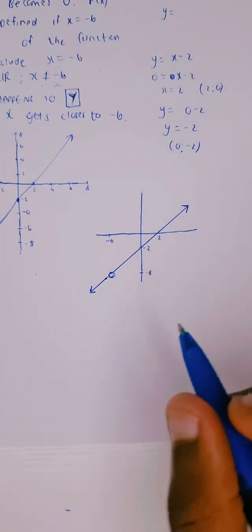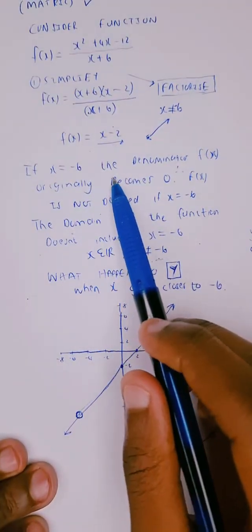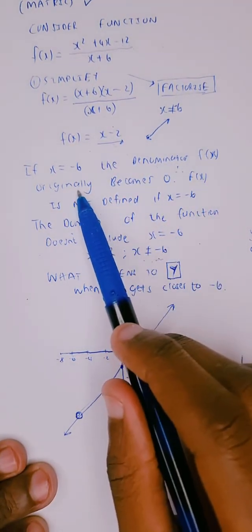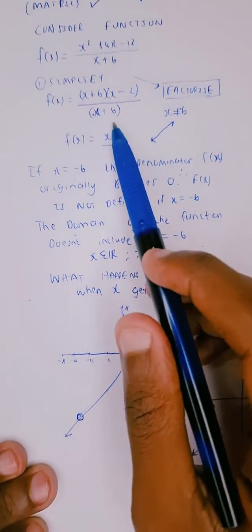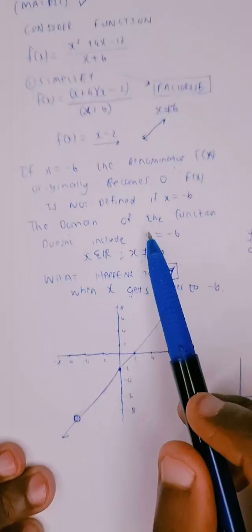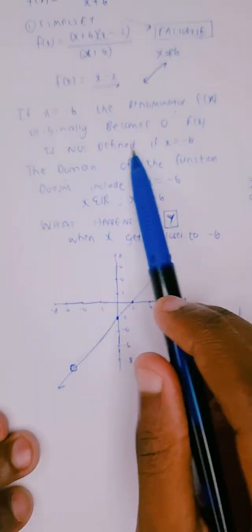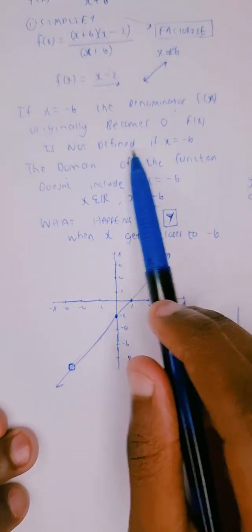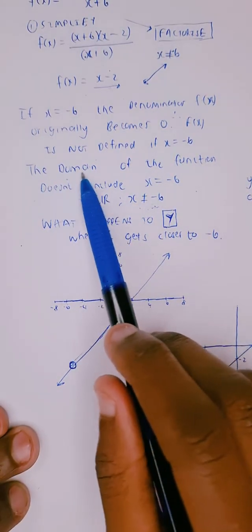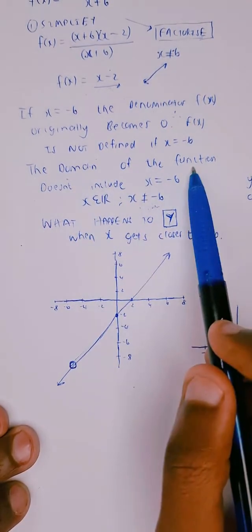But here's the thing. If x is equal to negative 6, the denominator of f of x originally becomes 0, as we had explained. So we say that x is equal to negative 6 is where the function is not defined. If we speak about the domain, remember the domain is the possible x values where the function exists.